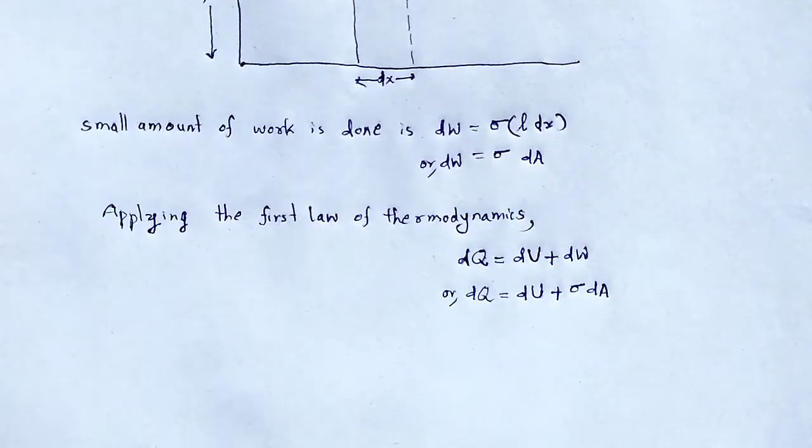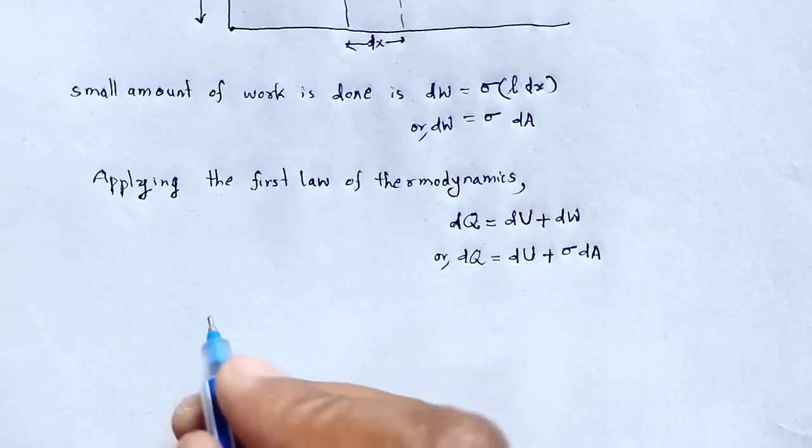Now the surface tension sigma of the liquid at constant temperature and pressure can also be expressed in terms of Gibbs free energy.